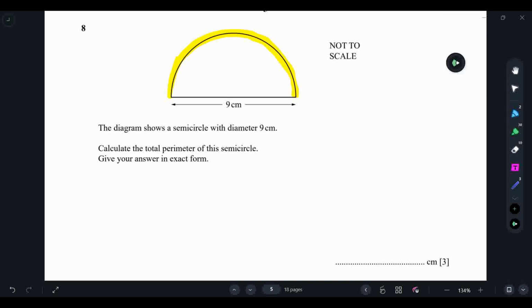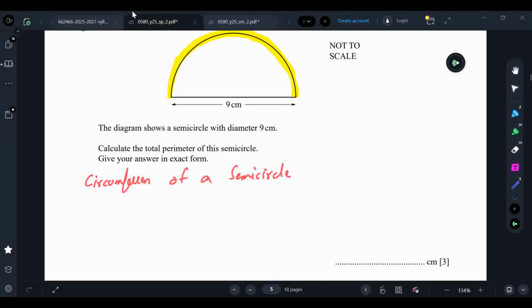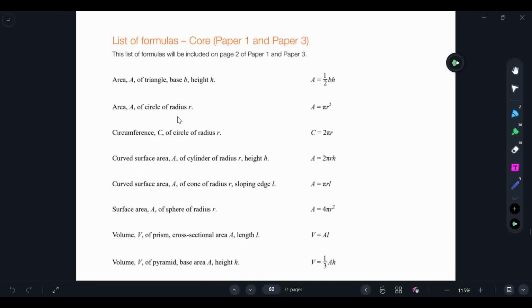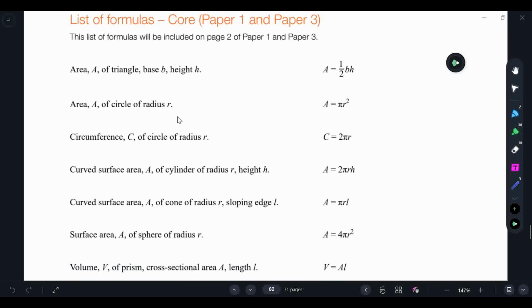We know that the circumference of a semicircle, let's have a look over here, we know that the circumference of a circle is 2 pi r.